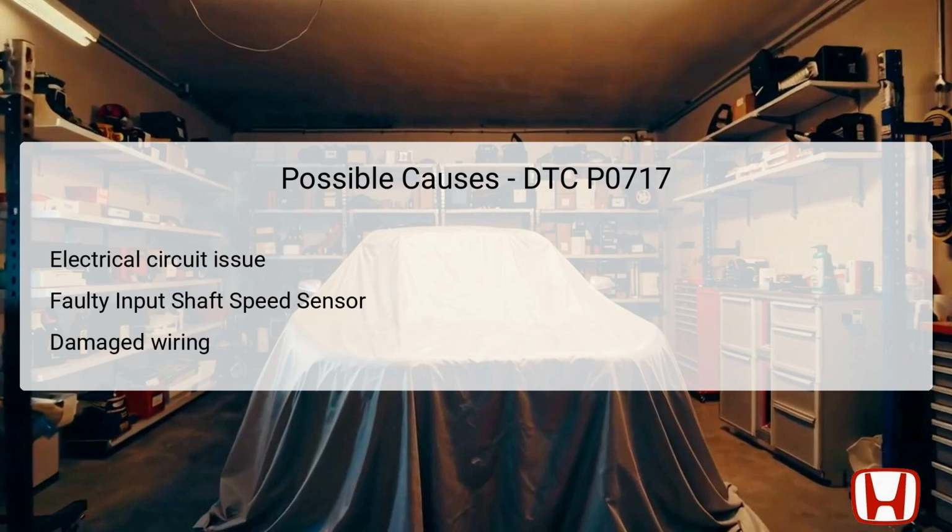Lastly, damaged wiring, such as cuts in the wire insulation or corrosion at the connectors, can also lead to communication failures between the sensor and the TCM. Investigating these areas will help pinpoint the source of the problem, ensuring that you can apply the most effective repair method. Troubleshooting should begin with checking the wiring and connections before moving on to testing the sensor itself.